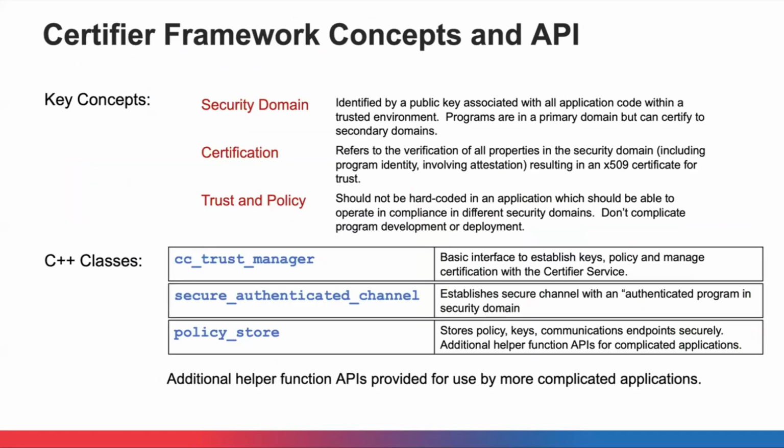There are only three concepts you need to know to use this framework. A security domain is a domain in which the same kind of policy is enforced. For example, the three banks are in a security domain, and the promise is you don't give any of my data, and you only do this kind of analysis on the stuff, and you never, ever send out my data unprotected, encrypted outside this container, period.